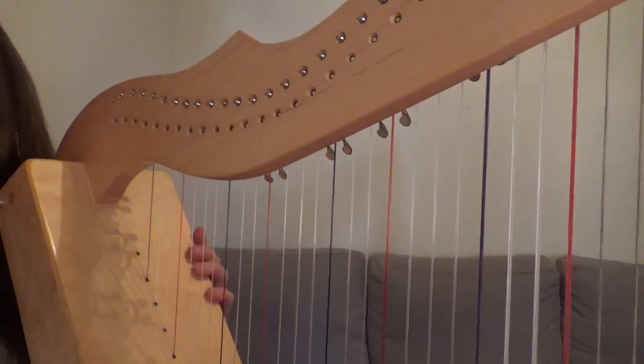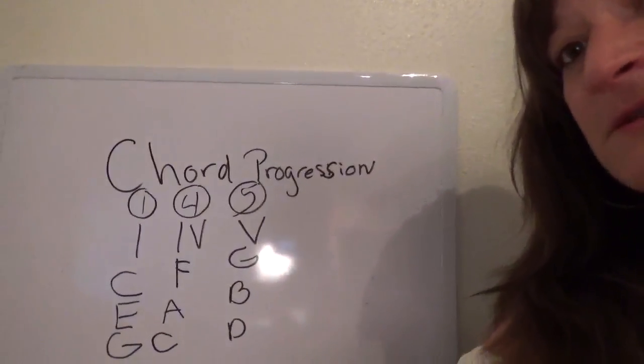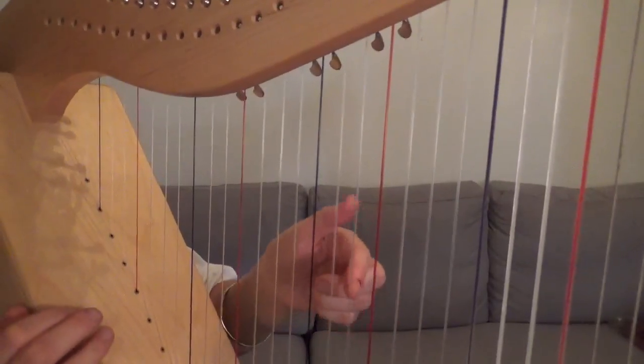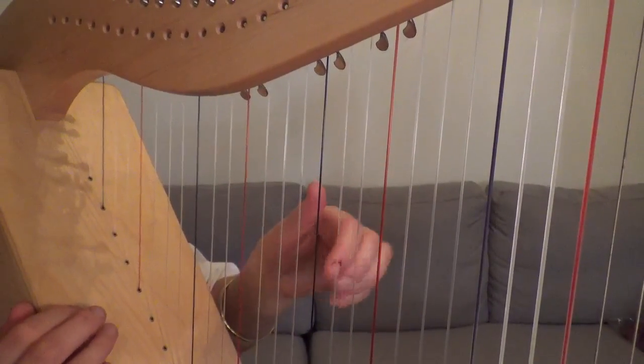Now number 4, let me just show you again, because I know it's a lot of information at first. 1, 4. To find that 4, 1, 2, 3, 4. We're going to go 4 notes up in that scale.